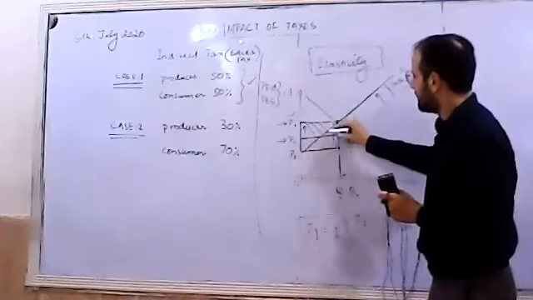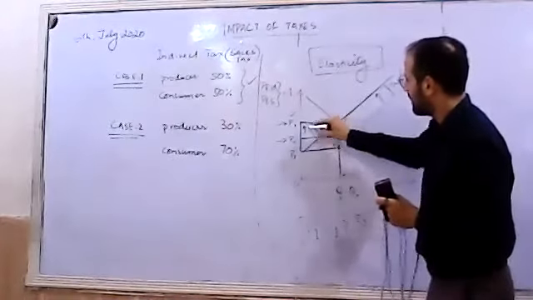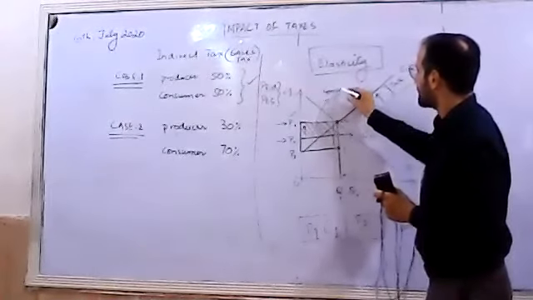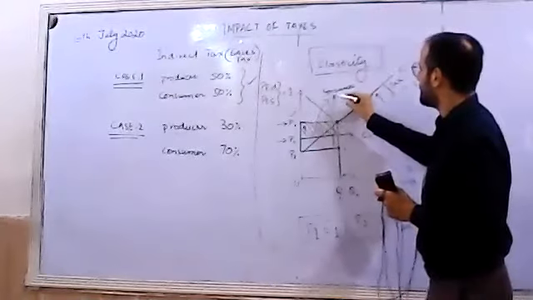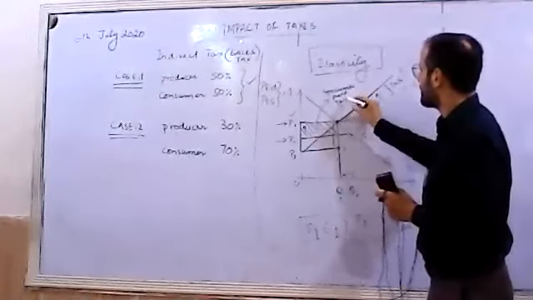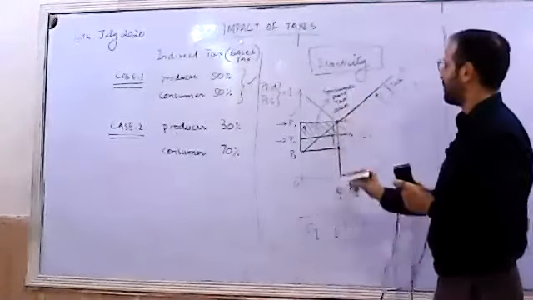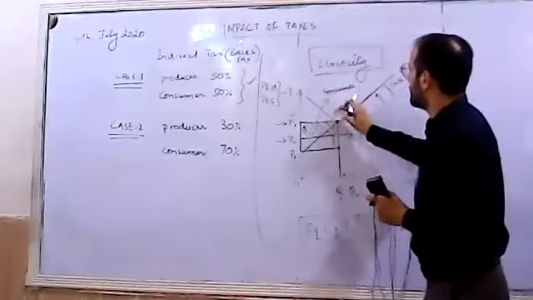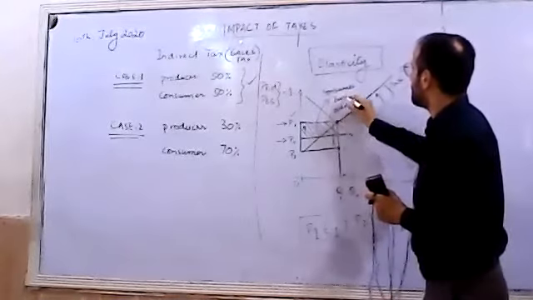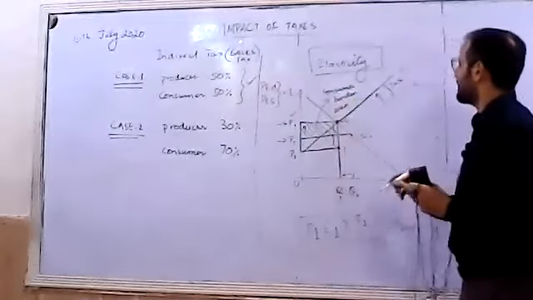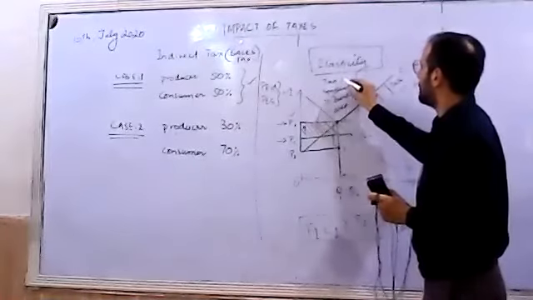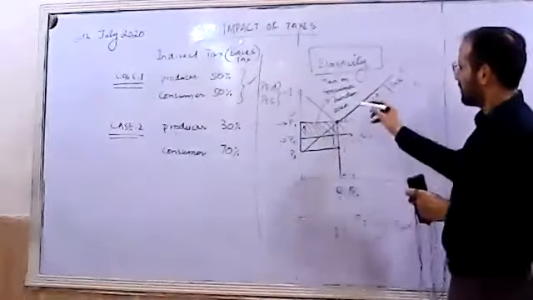If I just shade it this way, this area is going to be known as the consumer-paid tax area. Or in other words, you can say that this is the consumer burden area. Let us add something more, like it's the tax on consumer burden area.